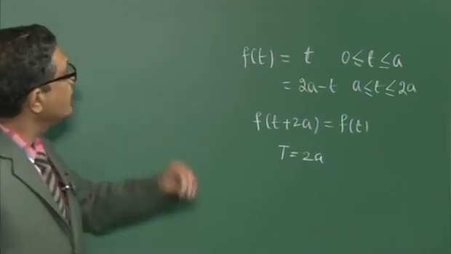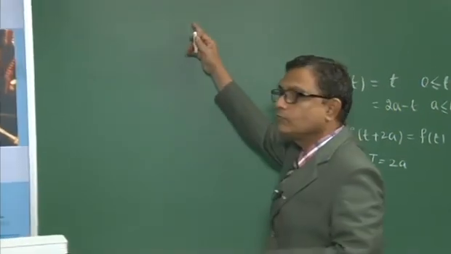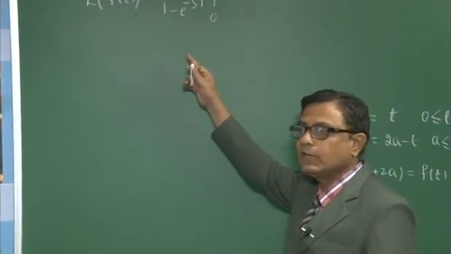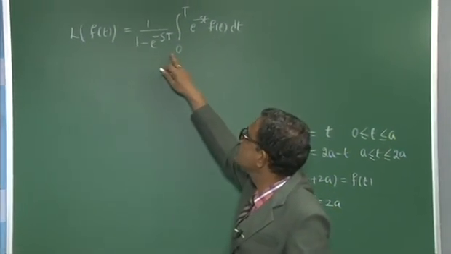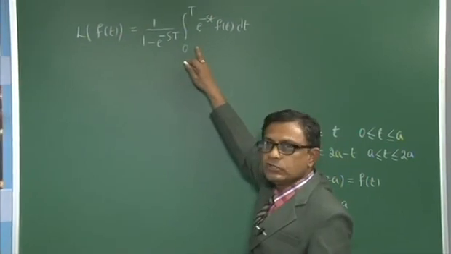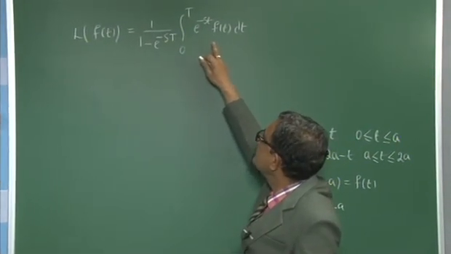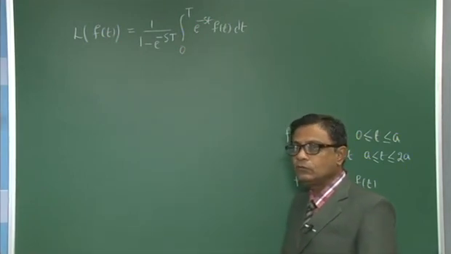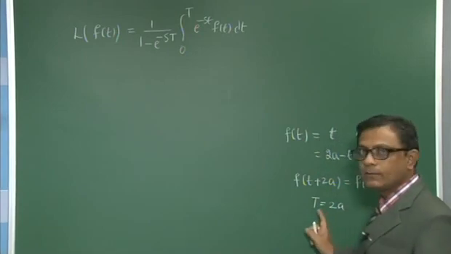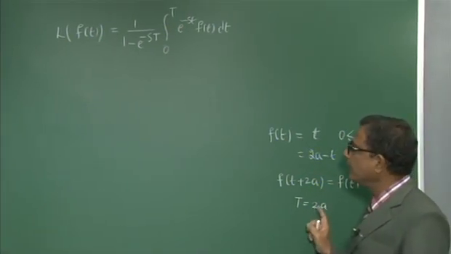and we know the formula for the Laplace transform for the periodic function. L of f of t is 1 divided by 1 minus e raised to minus st integration 0 to capital T e raised to minus st f of t dt. Now first you have to substitute the value of capital T. Capital T is 2a, period is 2a.